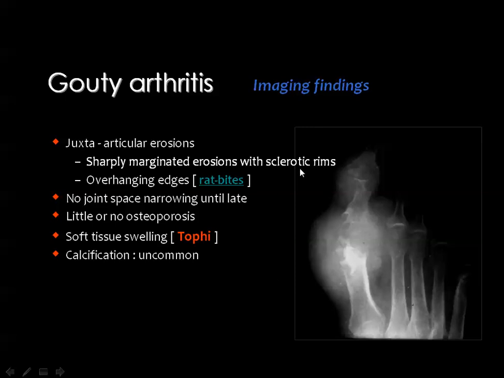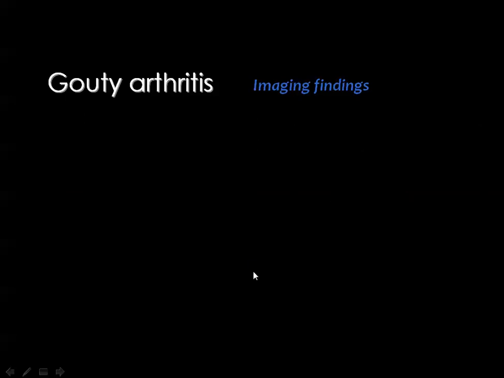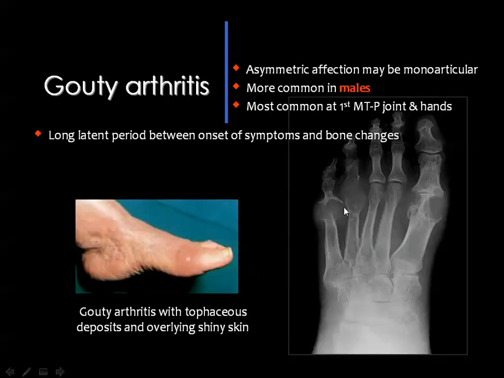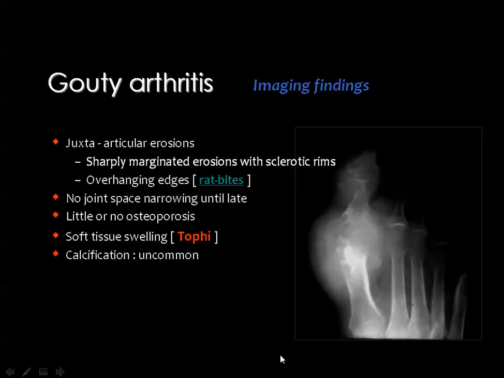clearly demarcated with a sclerotic rim, and they have an overhanging edge like rat bites. If you look carefully here in the previous case, you see what's meant by the overhanging edge, and then joint space narrowing is very late after destruction of the bone itself and the invasion of the joint.